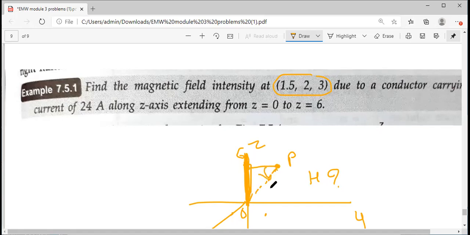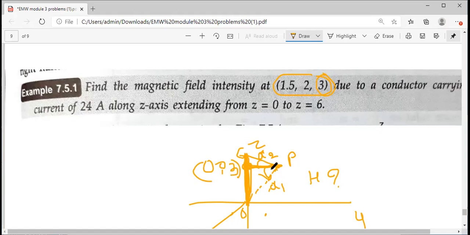So ये नीचे है, this is your alpha 1. अगर ये point ऊपर आएगा, alpha 2. Alpha 1 negative होगा, alpha 2 positive होगा. If you just take this line, ये point क्या होगा? What is the Z value here? Given 3. So when you extend, this point is 0, 0, 3.